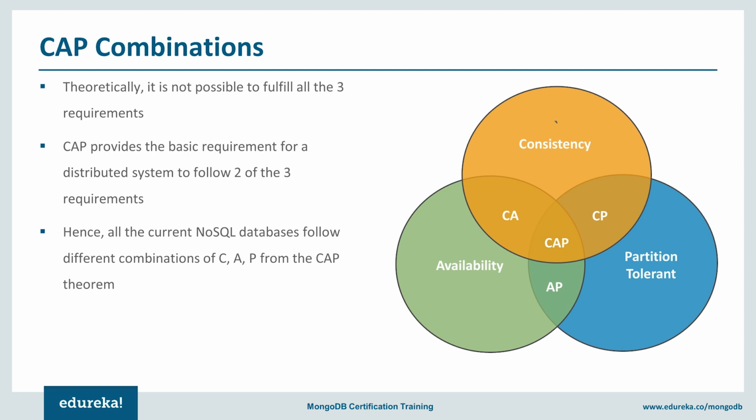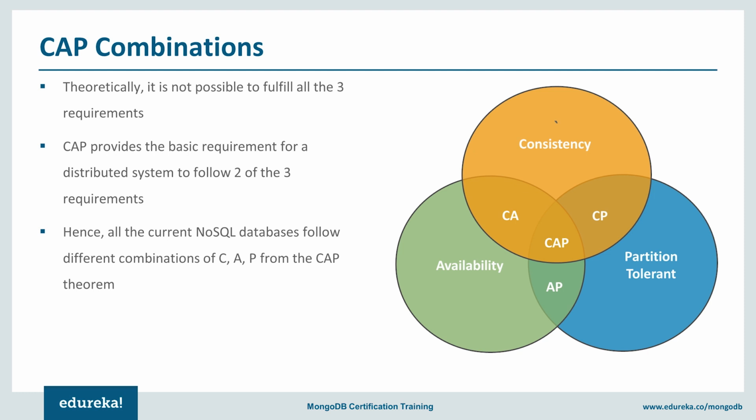So we can have a database that is consistent as well as available. Then there's a possibility that we can have a database that is consistent and partition tolerant, or one that has availability and partition tolerance. Which of them is applicable depends on the database.